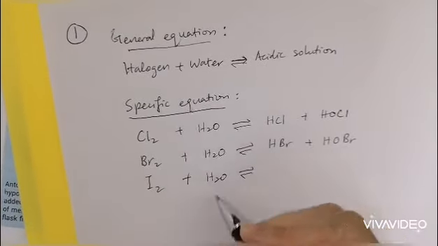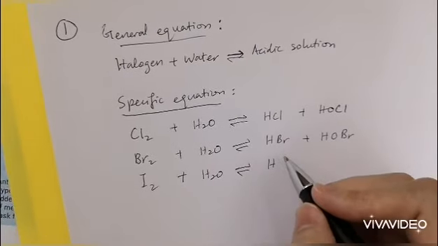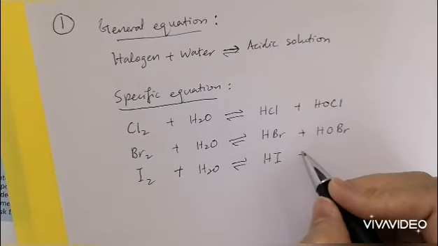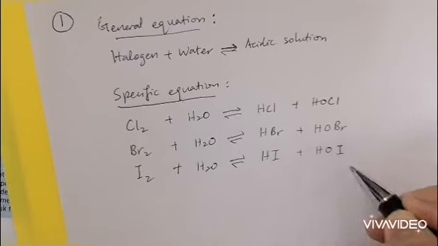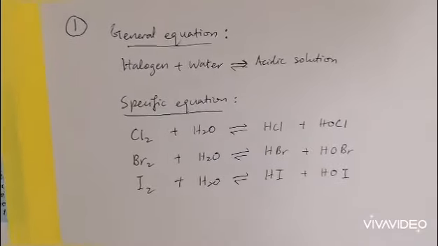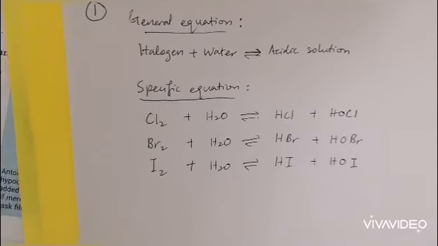Follow the same pattern. Replace the Cl or the Br with I, and then here again, replace with I. So that is the first reaction, halogen and water.